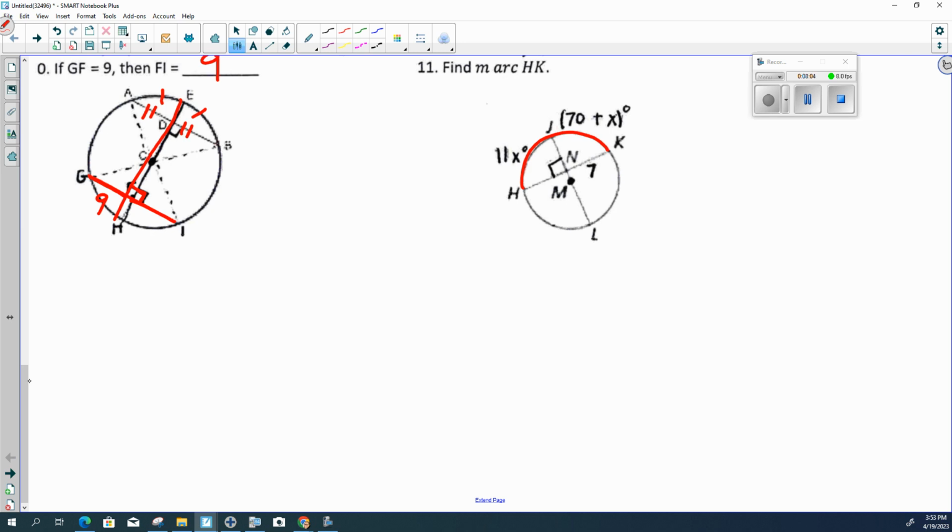So again, if a diameter is perpendicular to a chord, which it is, then these segments are congruent and their corresponding arcs are congruent. So I need to find out what X is. I know they're congruent, which means they're the same measure in a different location.